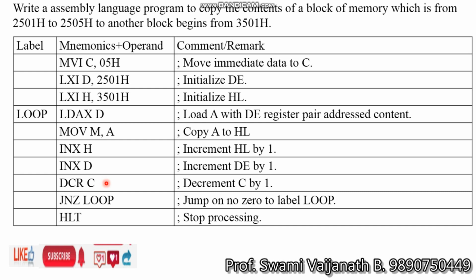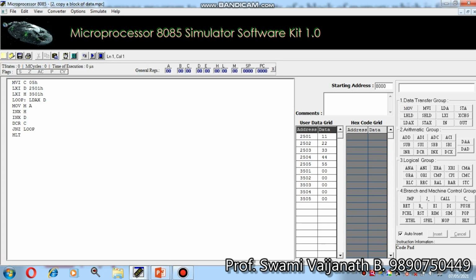If it is non-zero, it jumps to the loop again, until C is 0. When C is 0, your program ends with HLT. Let me demonstrate this practically.